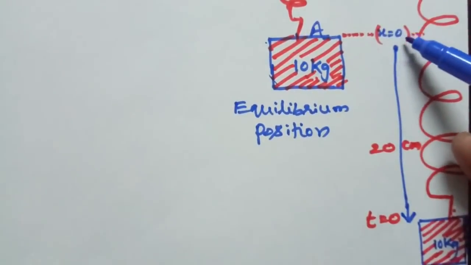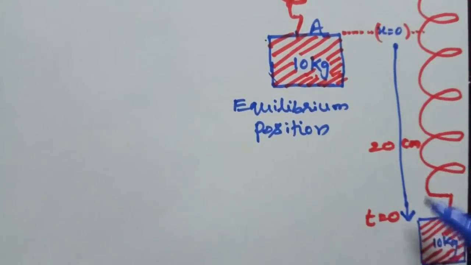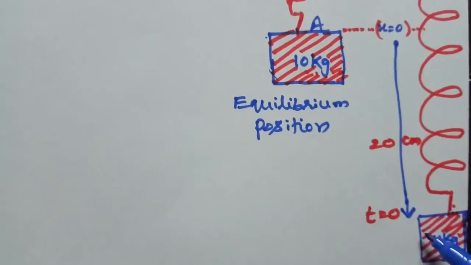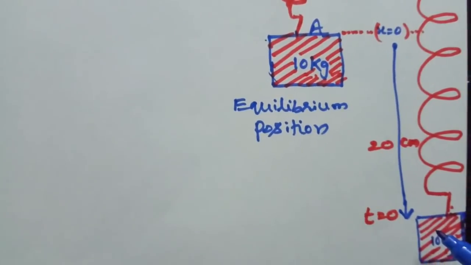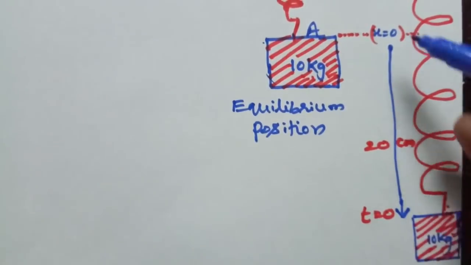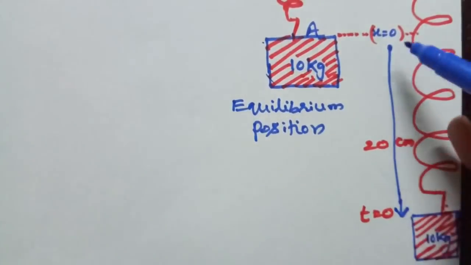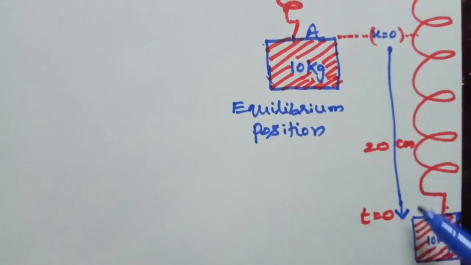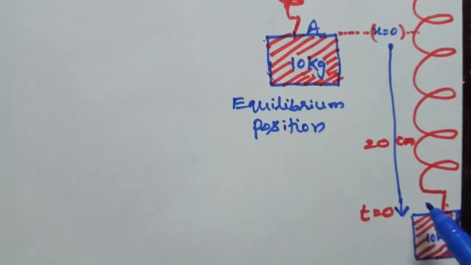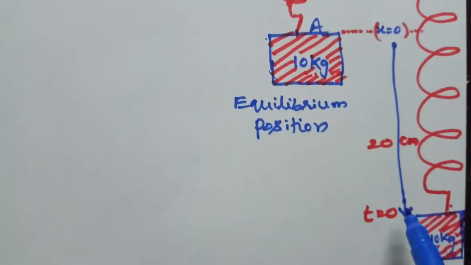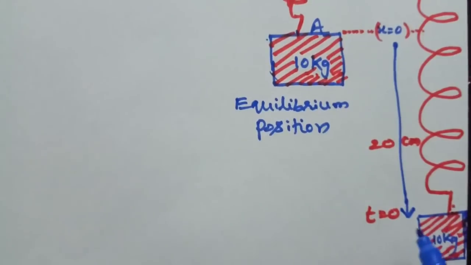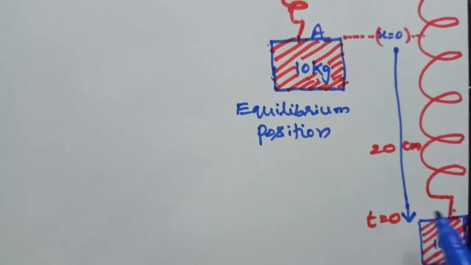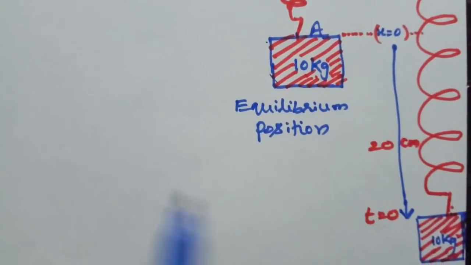That is, from x equal to 0, we pulled it down to 20 centimeters. And also we take it as the initial displacement at time t equal to 0. You remember this.